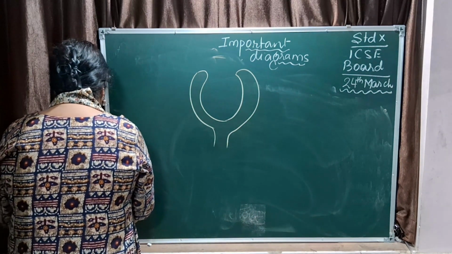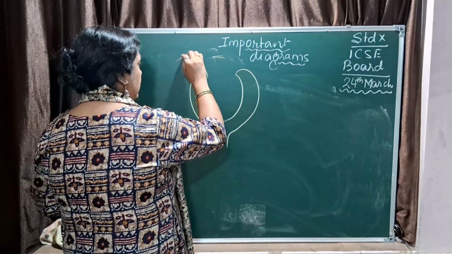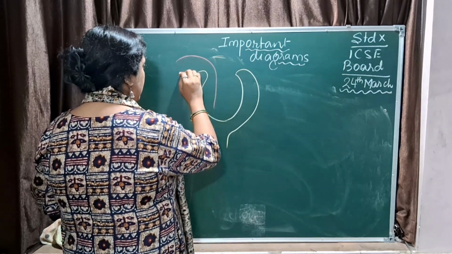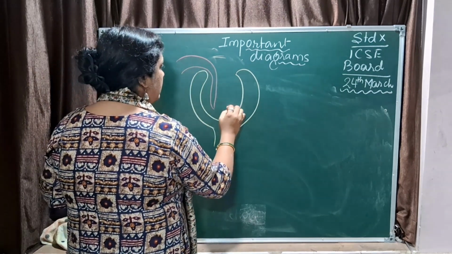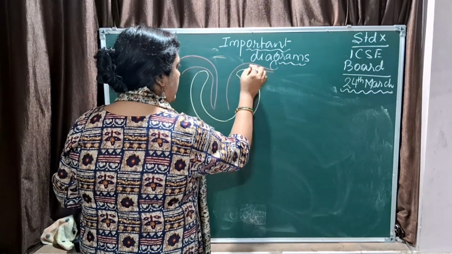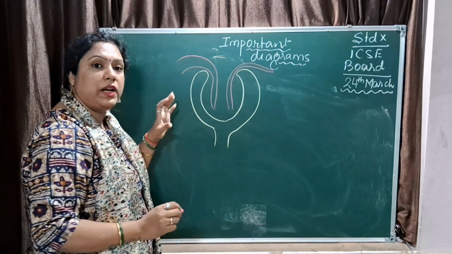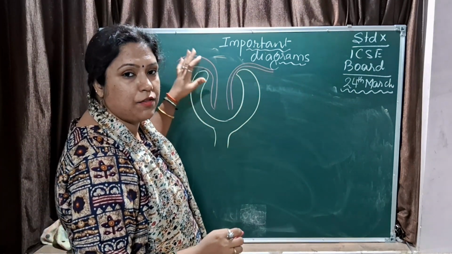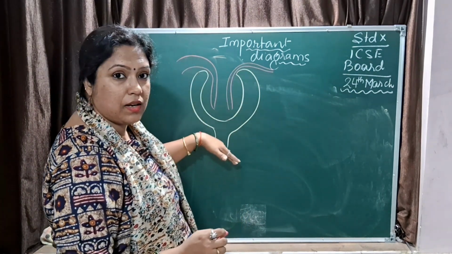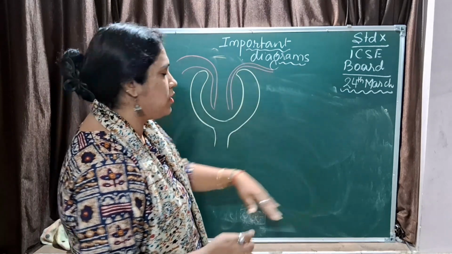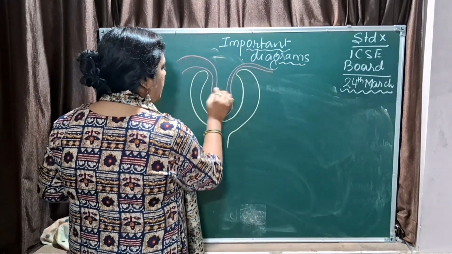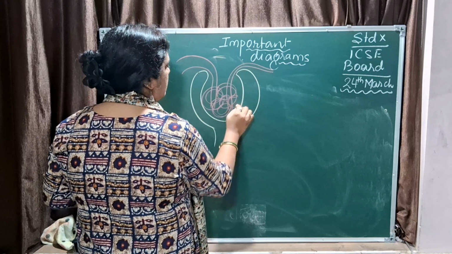In the Bowman's capsule, you have a thicker blood vessel that is coming inside and a thinner blood vessel that is moving outside. You have to maintain the diameter differently for the coming arteriole and the going arteriole, and you have the blood vessel, the glomerulus here.